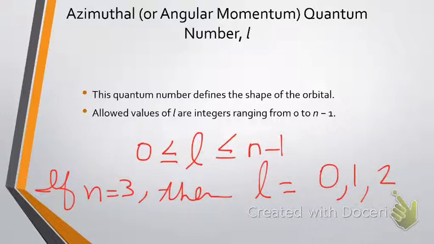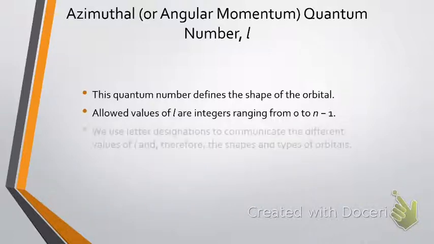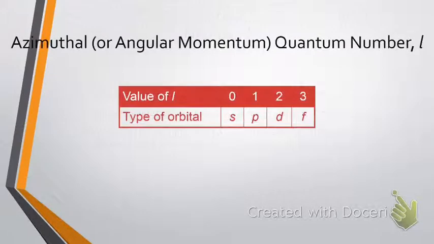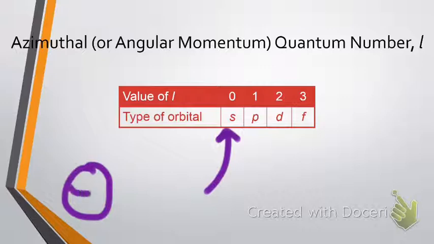And so what do these numbers really indicate? Like, what's the shape of an l equals 0? Well, I want you to know and be able to recognize the first 2. When l equals 0, it's called an s orbital. s orbitals are spherical, so I like to draw them this way.